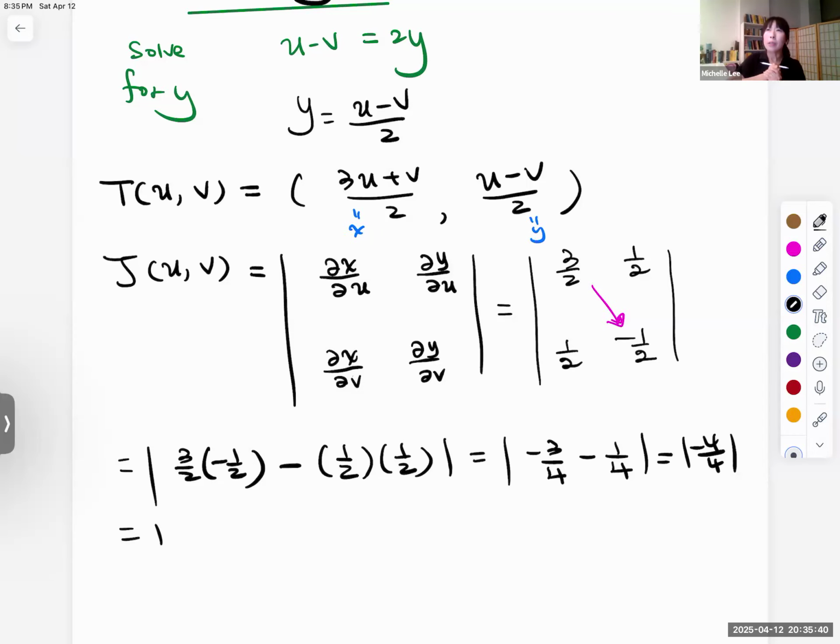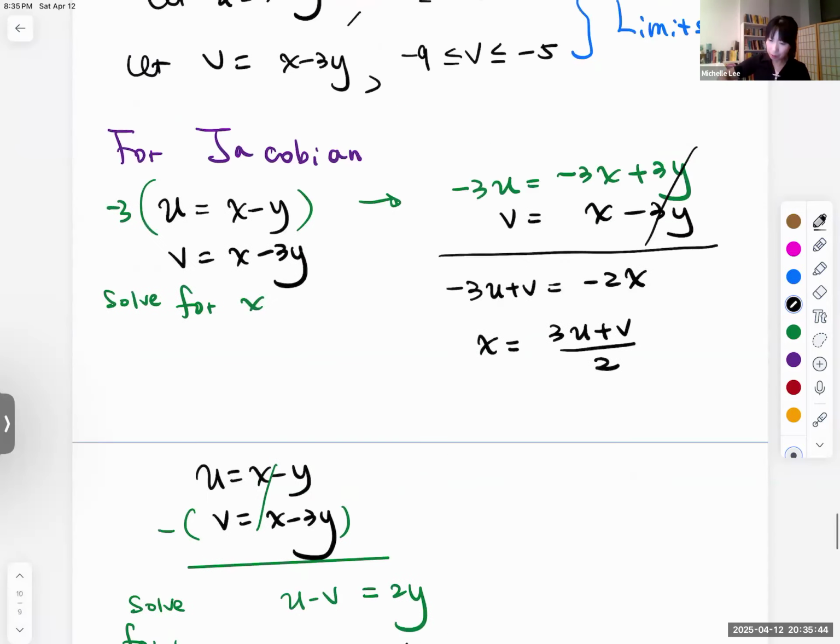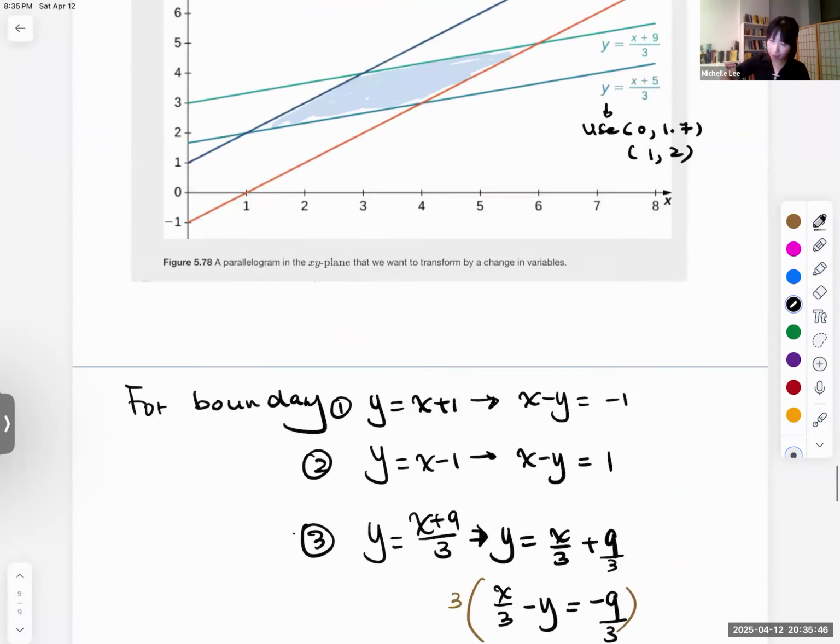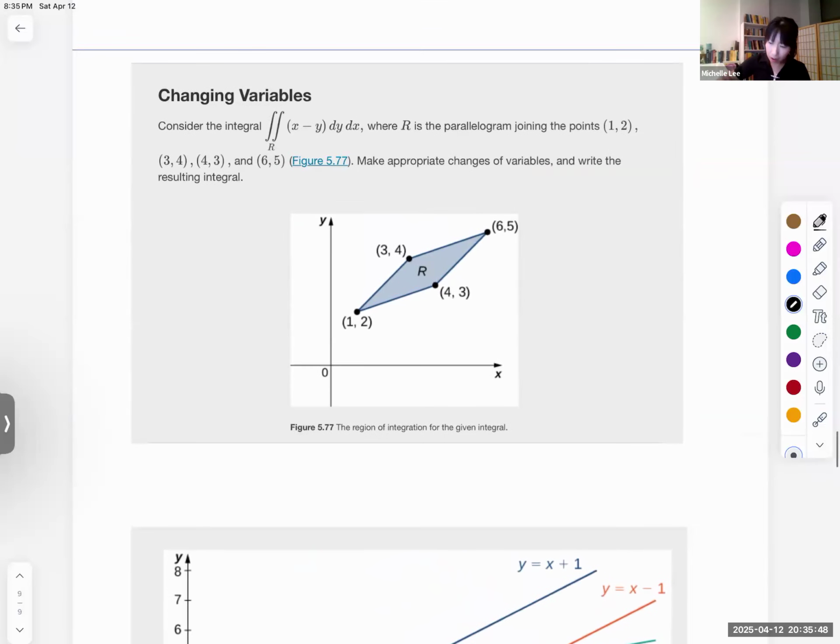All right. Now let's go back to the original problem where we have the double integration of x minus y dy dx. Then we transformed everything to uv, right?